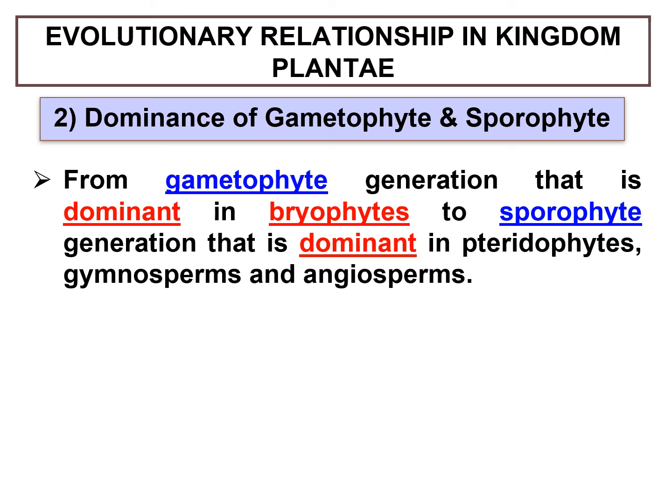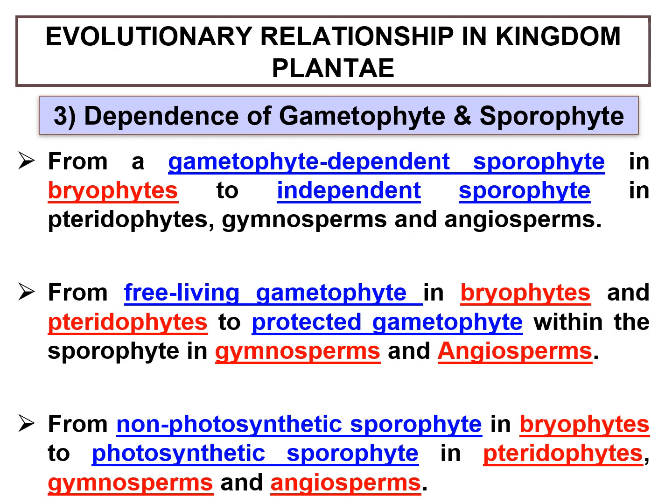Bryophytes have gametophyte generation which is dominant, and then gymnosperm and angiosperm semua pteridophytes, sporophyte dominant. The dependency of gametophyte and sporophyte. Bryophyte, the sporophyte depends on gametophyte. The other three groups, the gametophyte depends on sporophyte.